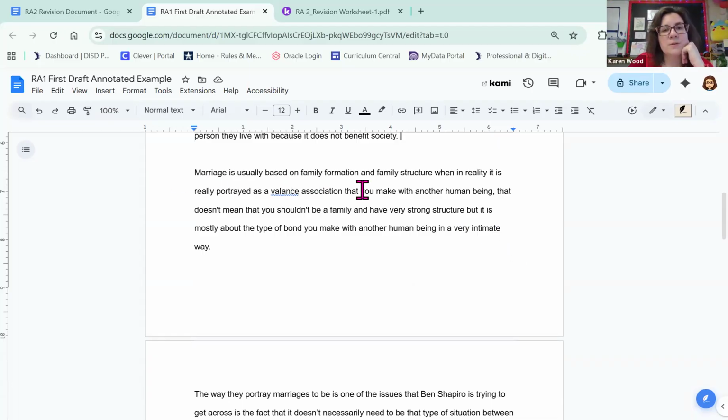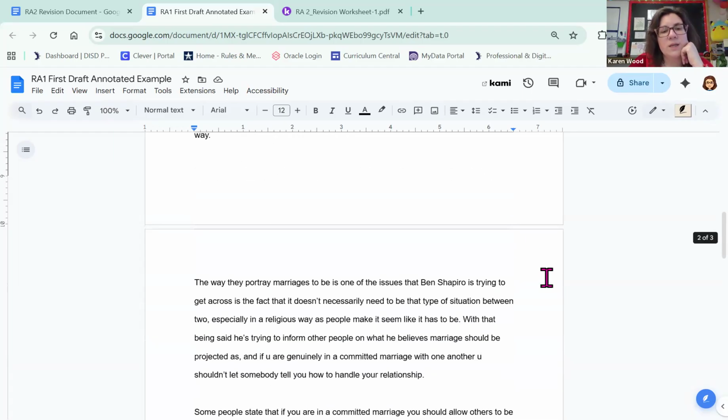Marriage is usually based on family formation and family structure when in reality it's really portrayed as a valence association that you make with another human being. That doesn't mean you shouldn't be a family and have very strong structure, but it's mostly about the type of bond you make with another human being in a very intimate way.